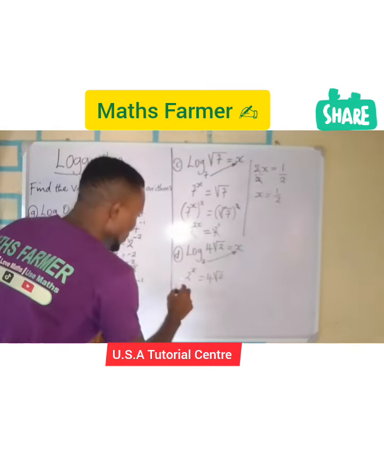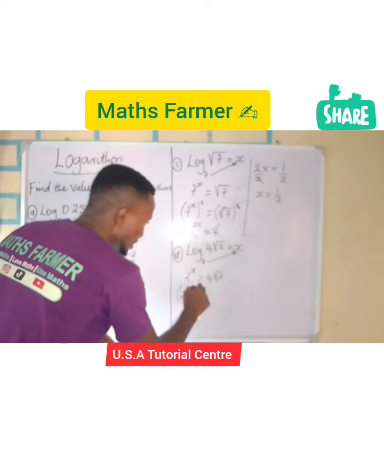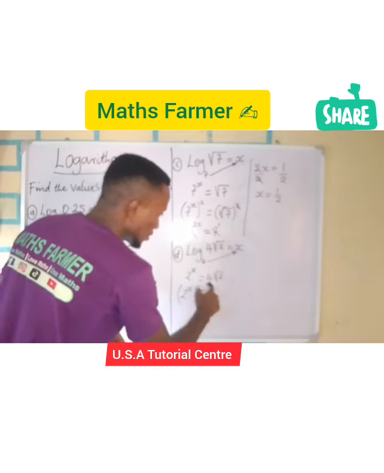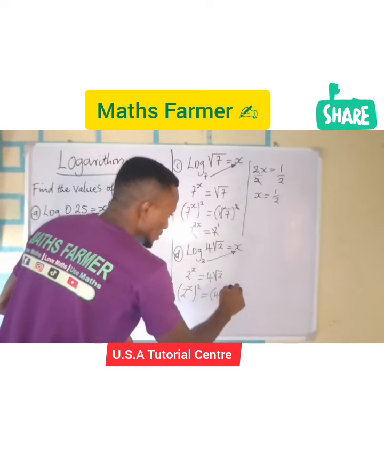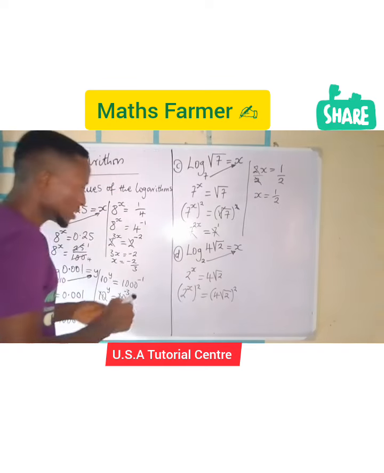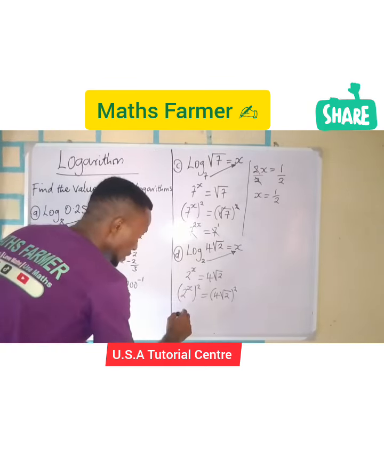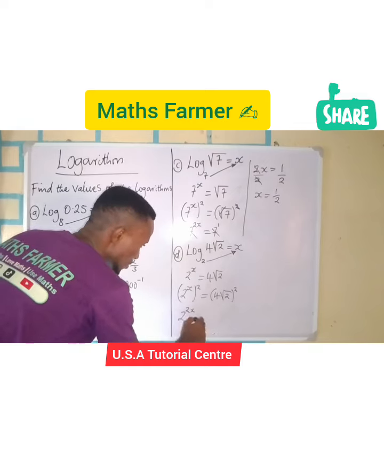So now, if you square both sides, look at the square on this side. Coming to this side, we have 2 numbers here. Squaring the left, x times 2, we have 2 raised to the power of 2x equals.